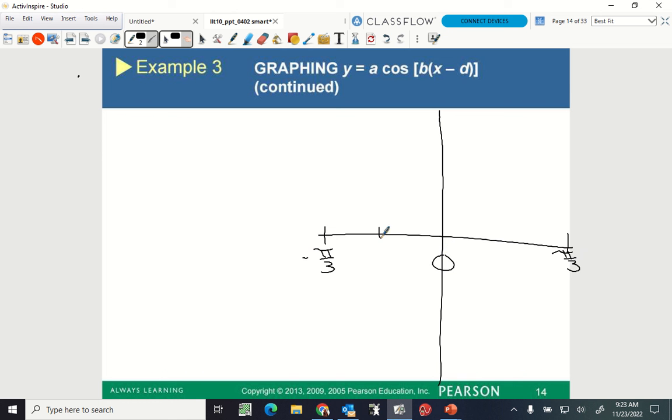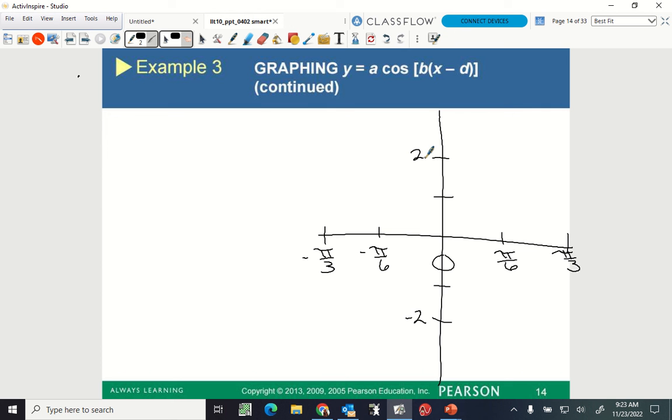And I should have negative pi over 6 and positive pi over 6. Given that, what's my amplitude? -2. So this has to go up, right? 1, 2, and it goes down. There we go. Down to -2, up to 2.